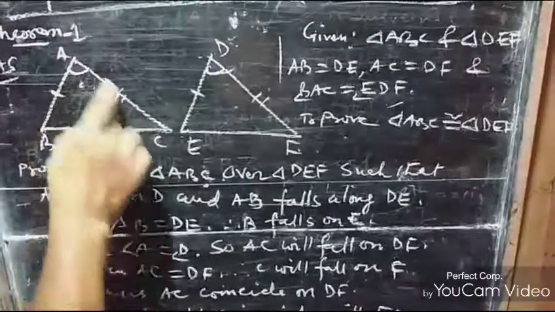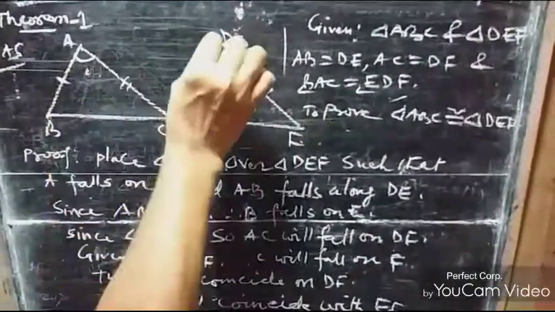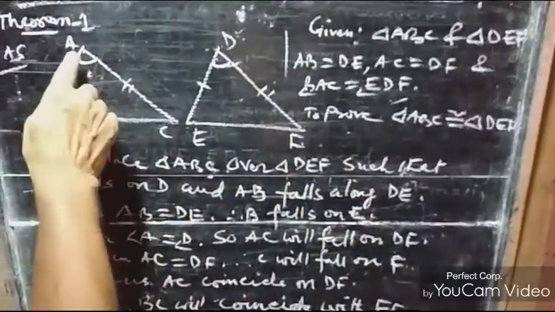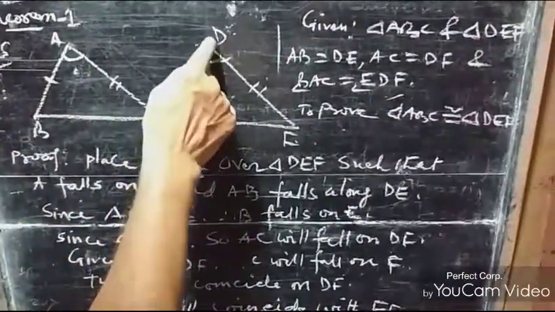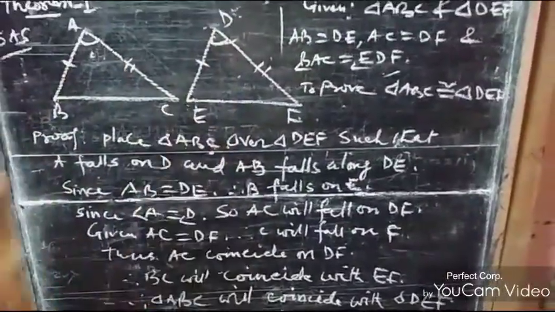Place triangle ABC over DEF, such that point A is on D and AB is towards DE.